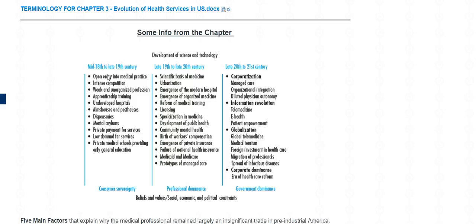And what you'll notice is that medicine was more of a trade, okay? It was an unorganized profession, and then you see it evolve into what it is today. There were a number of things in the area of science and technology that impacted that.